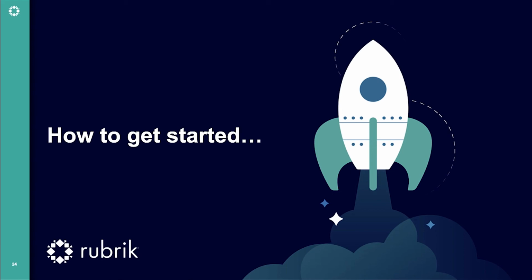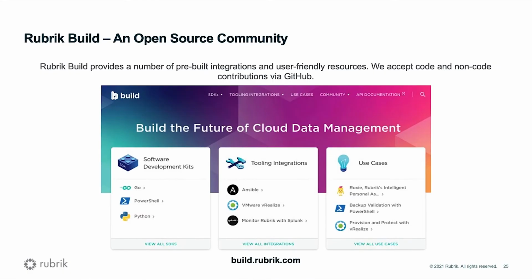So hopefully this has triggered some thoughts in your head, and you're starting to think about some of the things that you can automate within your environment. And I just want to help give people a boost and maybe help them get started and talk to people about how you can really get started automating with Rubrik as well. Firstly, the biggest thing is build.rubrik.com.